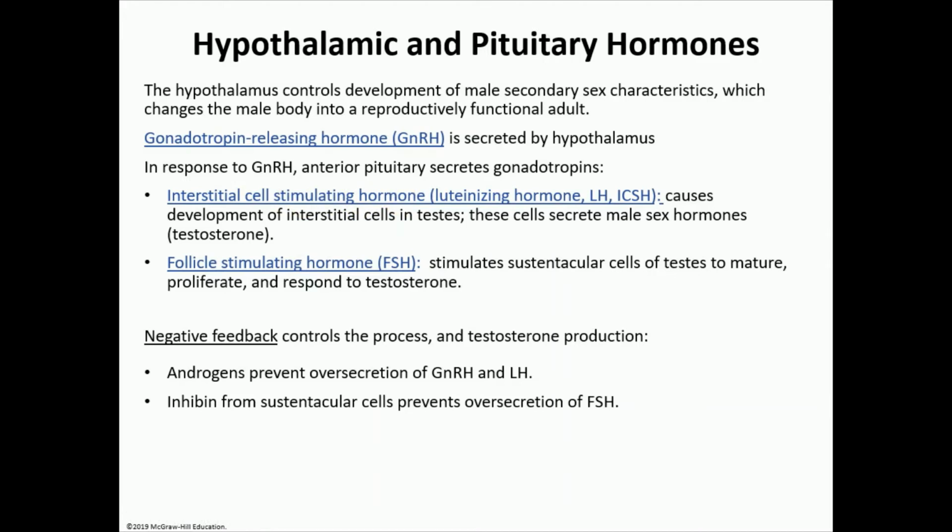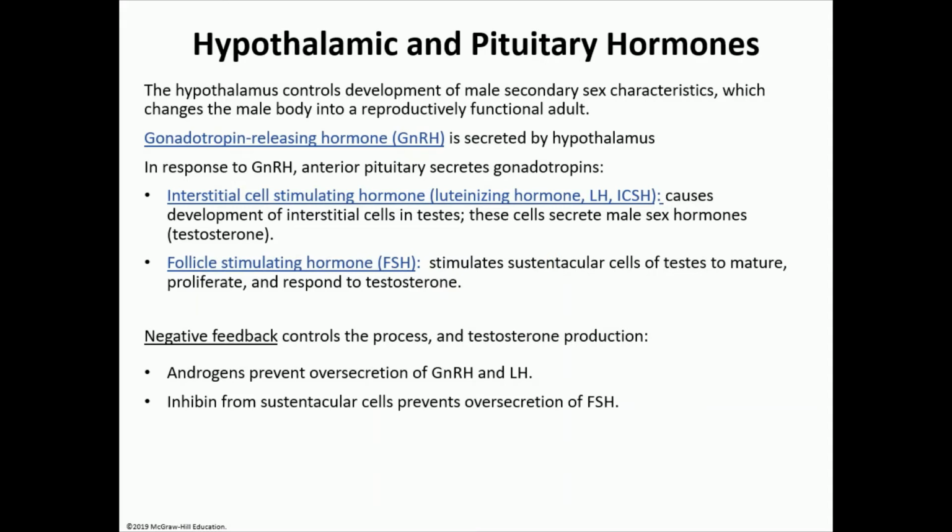The LH in males is going to stimulate the development of the interstitial cells of Leydig, and we kind of talked about those already. Those cells are going to secrete testosterone, while the FSH that comes out of the anterior pituitary is going to stimulate the sustentacular cells in order to help in the process of spermatogenesis.